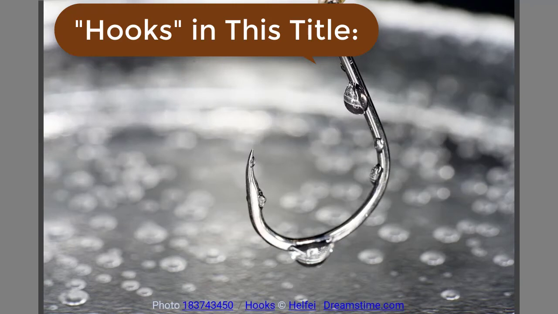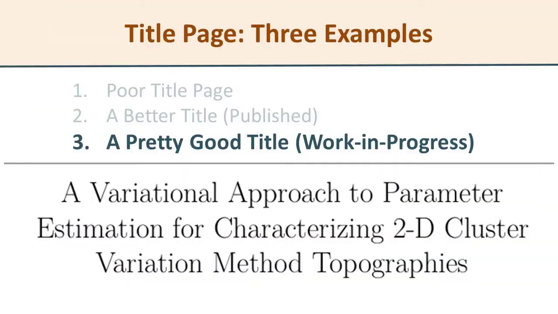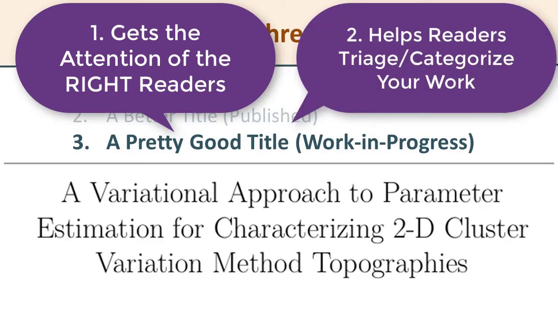And most importantly, that whole business of parameter estimation, which if you're into this work at all, is an important deep dive into how to work with the CVMs. So there are various hooks, all very specific, within that one title, and that's the kind of thing that you're shooting for. You want to give your reader motivation to read and a very specific context or preliminary classification of the value of your paper for their understanding.